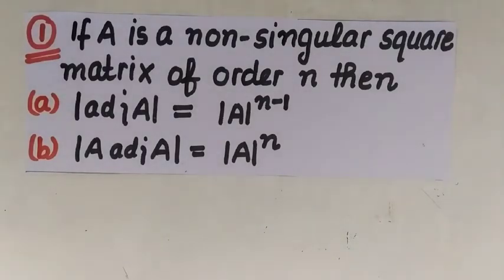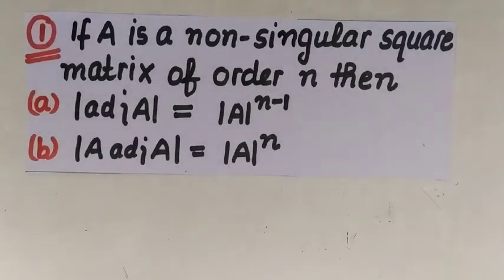So if A is a non-singular square matrix, meaning whose determinant is non-zero, of order n, then determinant of adjoint of A is equal to determinant of A raised to power n minus 1. And the second result is determinant of A into adjoint of A is equal to determinant of A whole raised to power n.